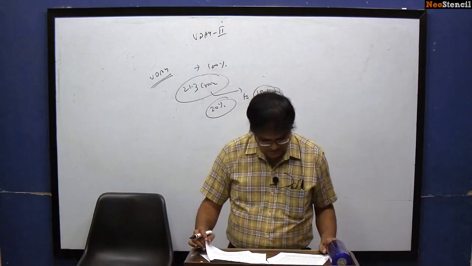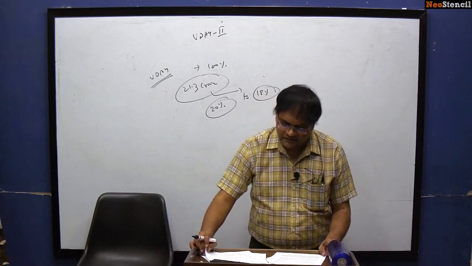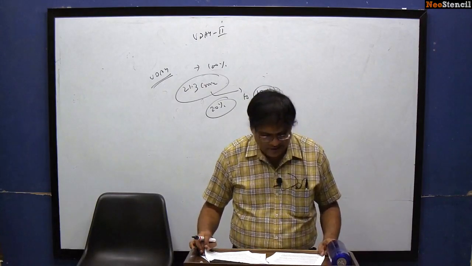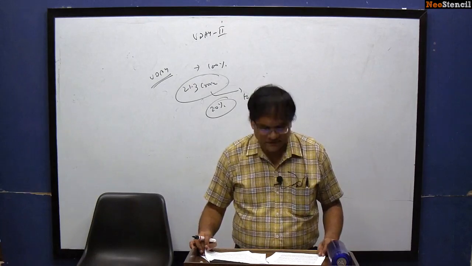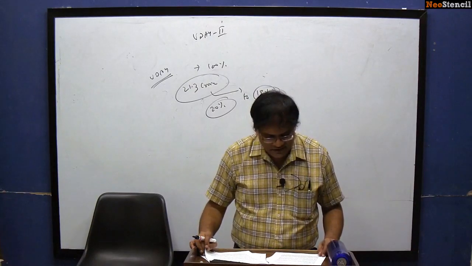Next, the T and D losses also were reduced. Transmission and distribution losses were also reduced.